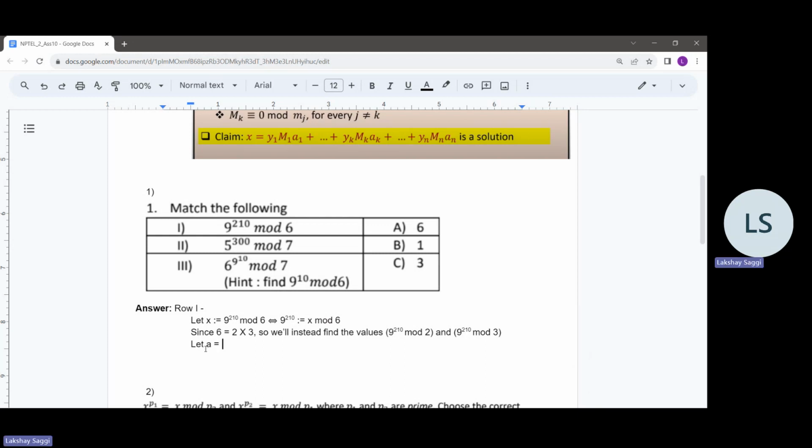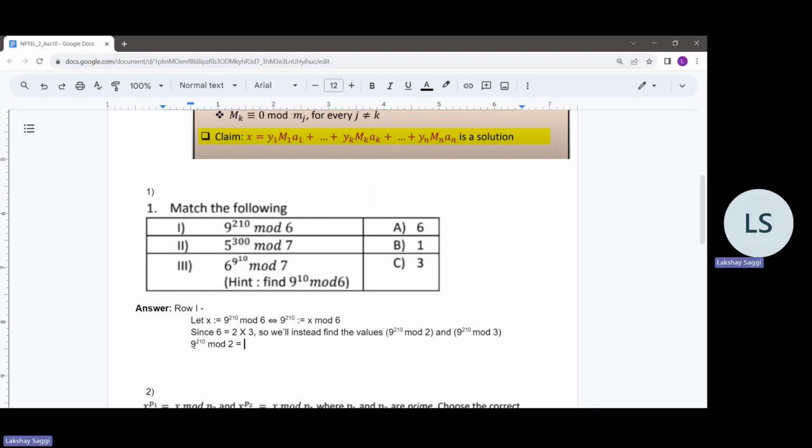So what we'll do is let a equal 9 raised to the power 210 mod 2. And what this essentially means is that we'll need to find out the value of a here. And what will be the value of a here? Maybe I'll just write this down instead.